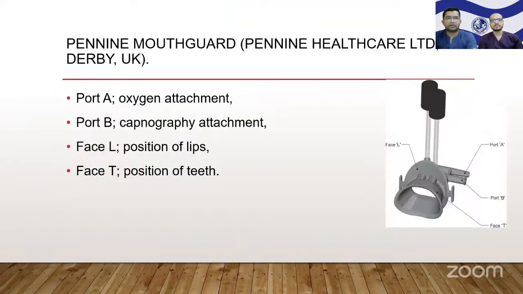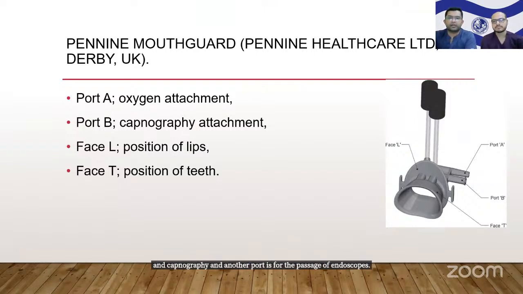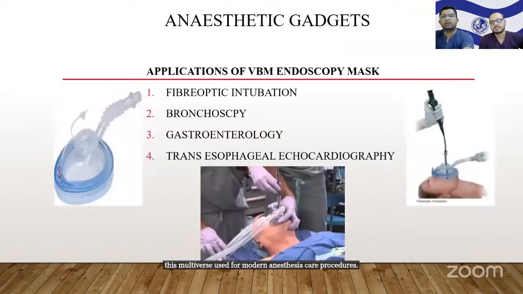The first one is plain mouth guard, which is having two ports. One port is for the oxygen supply and capnography, and another port is for the passage of endoscope, sir. These mouth guards are used for monitored anesthesia care procedures. Another gadget is VBM endoscopy masks.